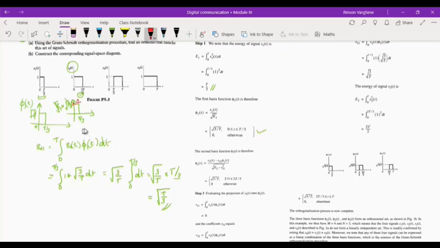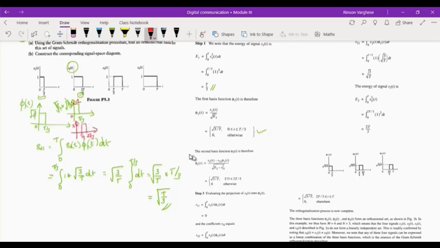So the resultant signal is, you subtracted this from this, so you will have a function. This signal is 1 from 0 to T by 3. This signal is 1 from 0 to 2T by 3. Then when you subtract this from this, you will have a signal which is 1 from T by 3 to 2T by 3.